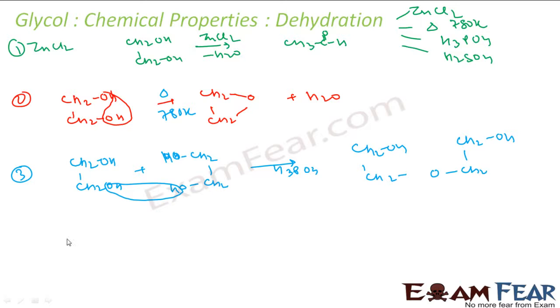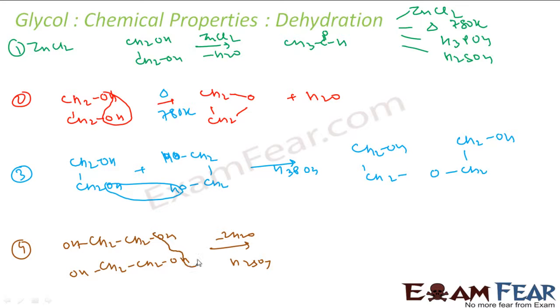Let's try the last option which we had, and that is nothing but H2SO4. Let's see the reaction here. Same thing, I'll use two glycols, and now if you see here, it removes 2 water molecules. It's a very strong agent, right?